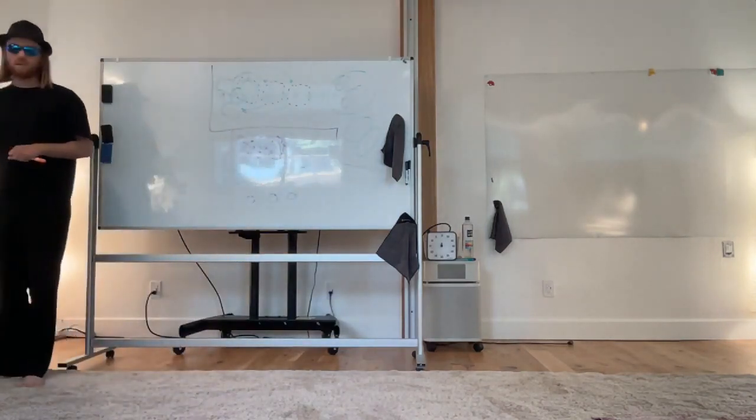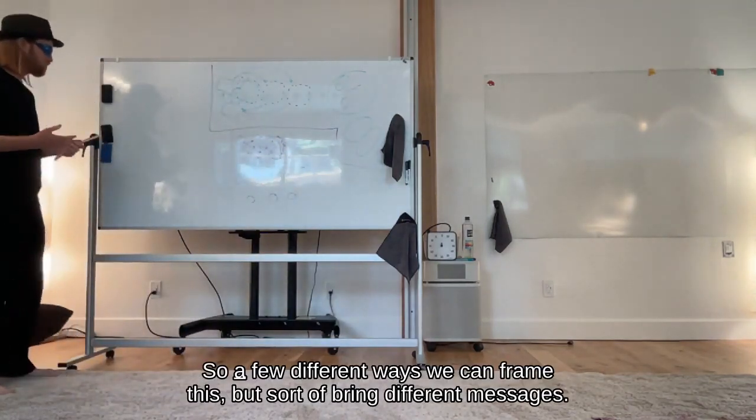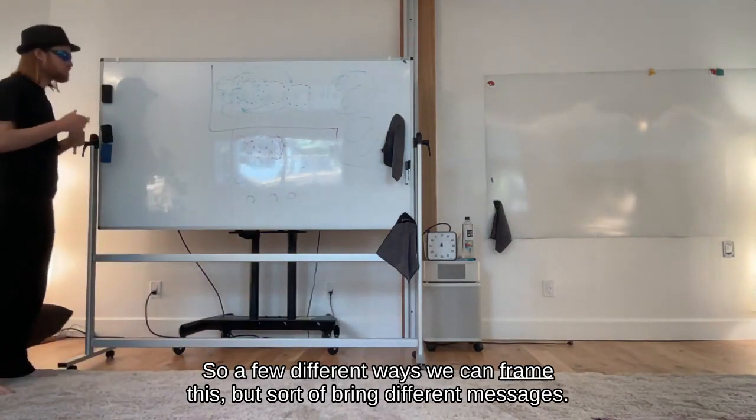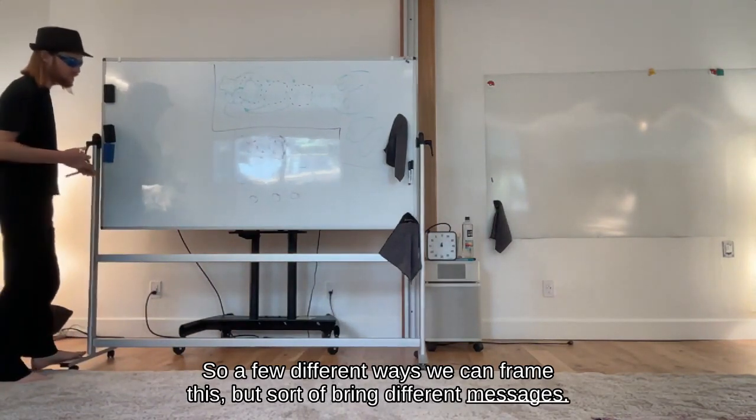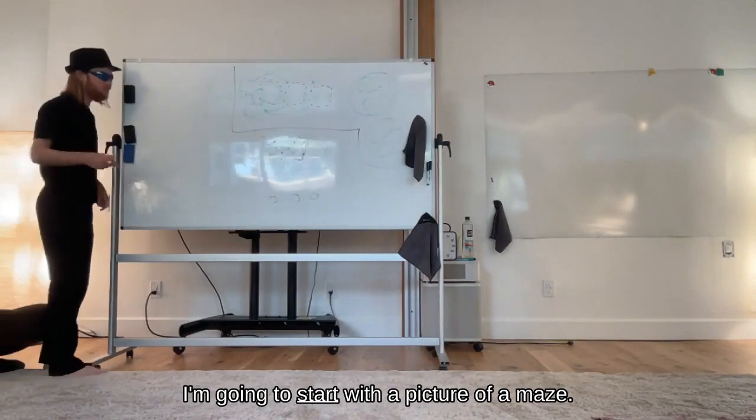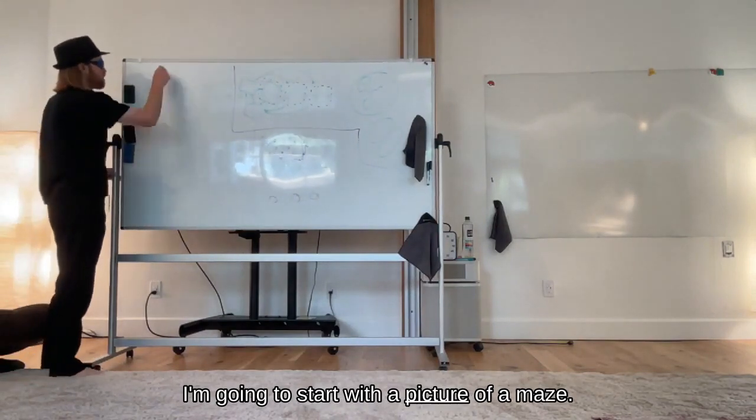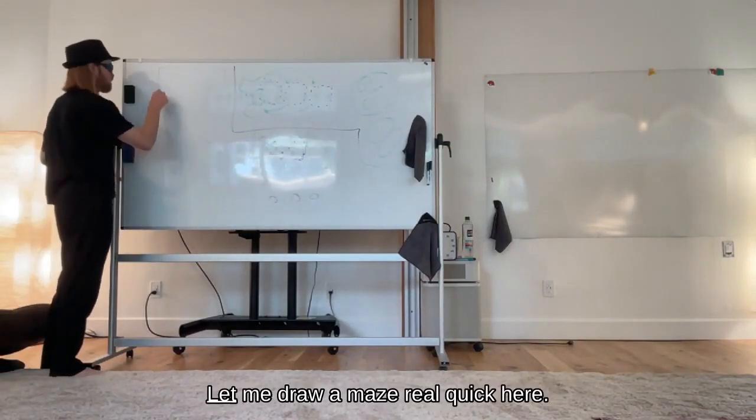Okay. So there are a few different ways we can frame this that bring different messages out of it. I'm going to start with a picture of a maze. So let me draw a maze real quick here.